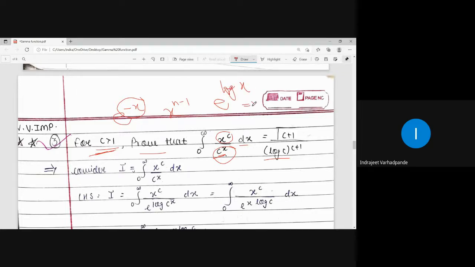This we have studied in indeterminate form. Many a times when we solve the linear differential equation, while calculating the integrating factor, we come across this case. So we know that e and log get cancelled.